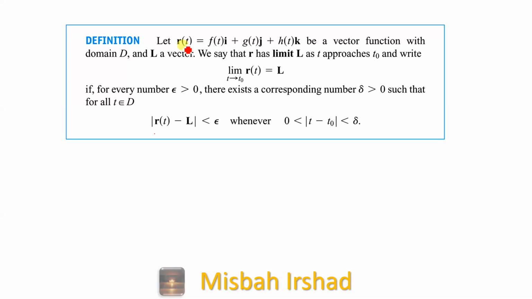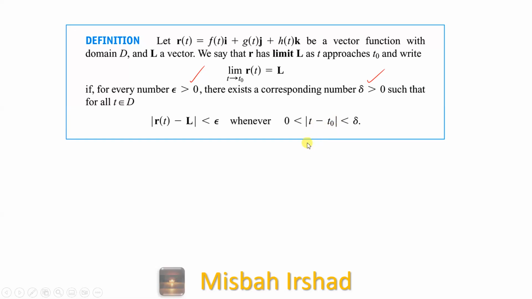If we have a vector valued function r(t) with components f(t), g(t) and h(t), then its limiting value will be a vector L as t approaches t naught if for every number epsilon greater than 0 there exists a corresponding number delta greater than 0, such that for all t in the domain, the absolute value of r(t) minus L is less than epsilon whenever the difference between t and t naught is less than delta.